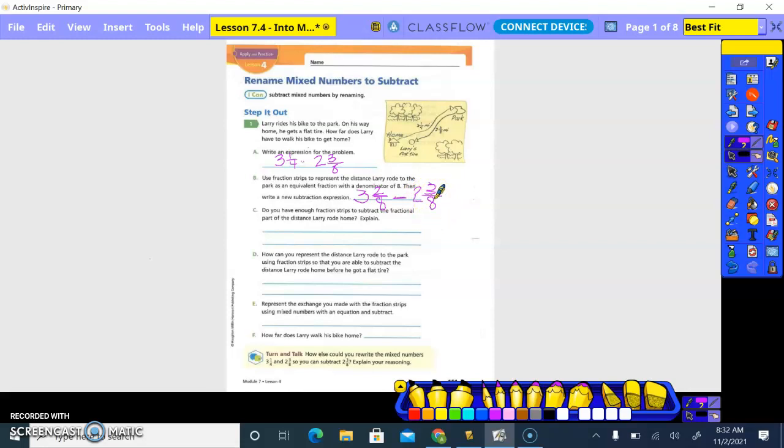Okay, so do you have enough fraction strips to subtract the fractional part of the distance Larry rode? So can we take the 3/8 from the 2/8?